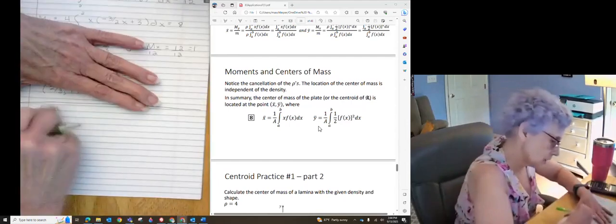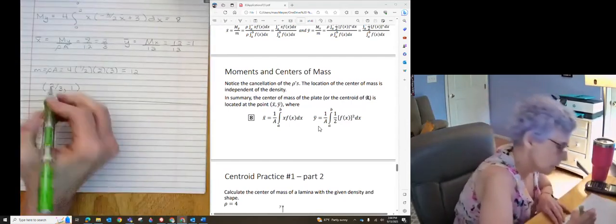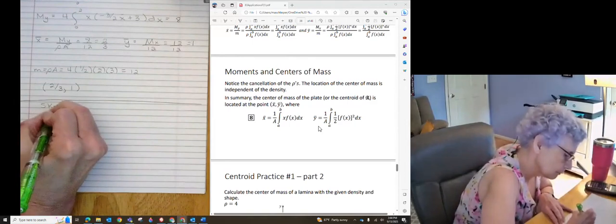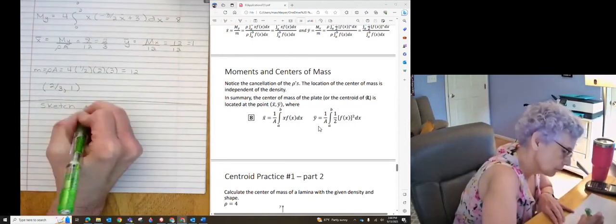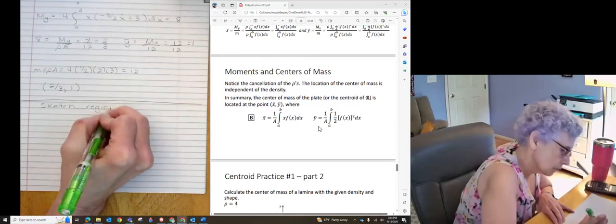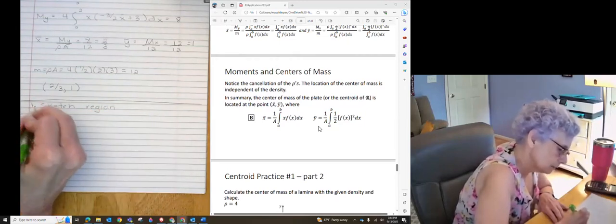Actually, first sketch the region, because you're going to want to know what it looks like. Find the area.